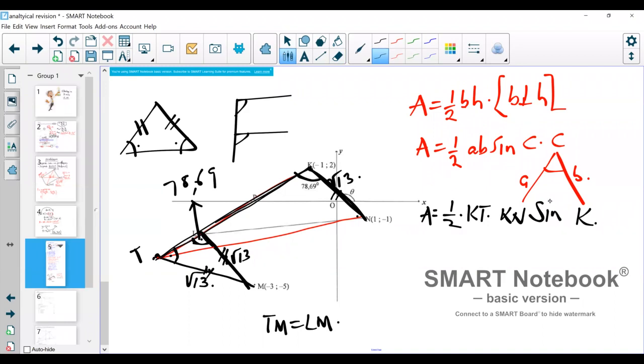I have KN. I have sine K. My problem is KT. So I want to get the length of KT.